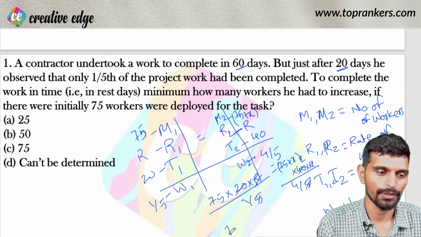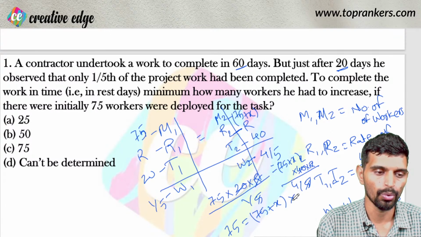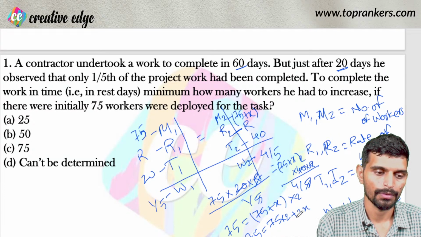So we are left with 75 is equal to 75 plus x into 2. So that is nothing but 75 is equal to 75 into 2, plus 2x.